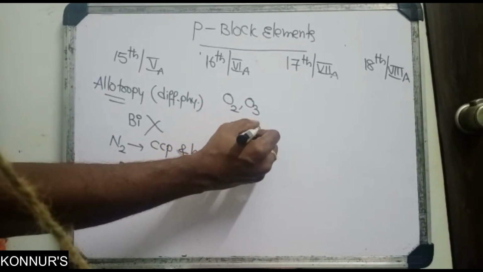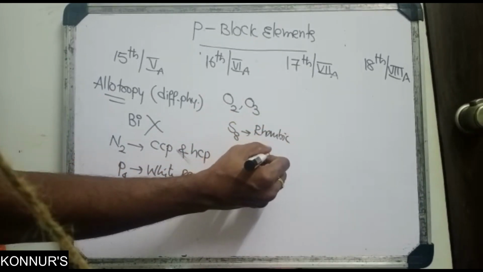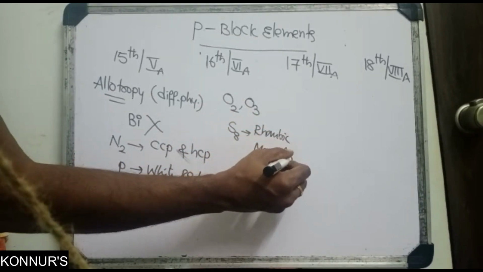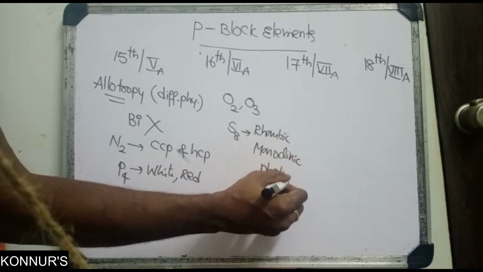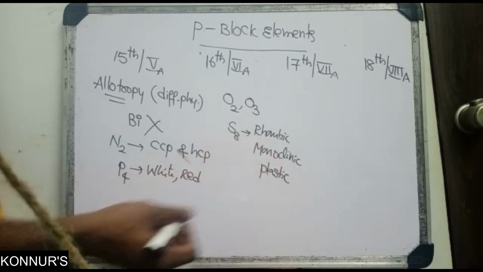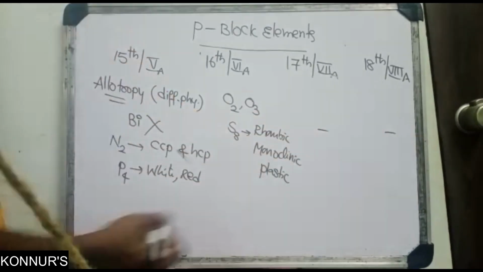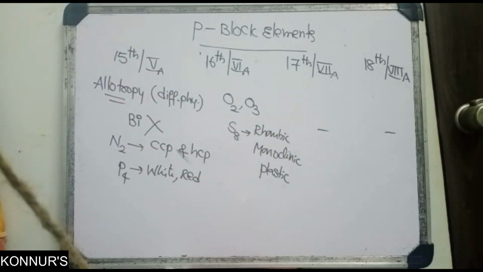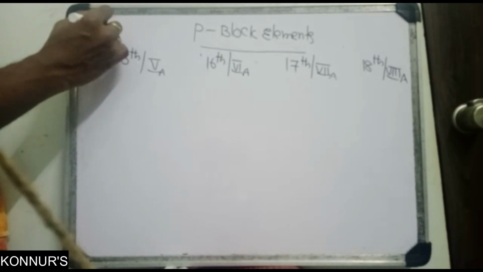It is rhombic sulfur. Rhombic and monoclinic, these two are famous. Other than this, plastic sulfur, black sulfur, like that, so many are there. Next, here allotropy, no need to discuss that one. Next, we see the covalency.